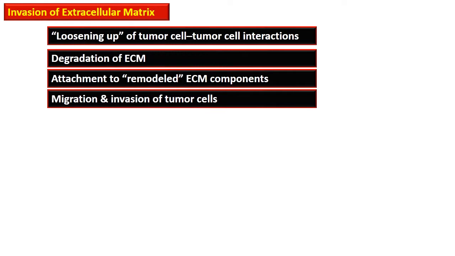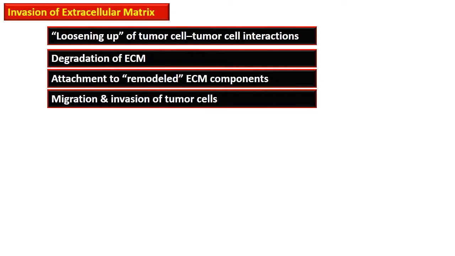Then the invasive tumor cell finds its way toward the blood vessel and extravasates into the blood vessel, acquires a clone of the cells over there, and then they go to the distant site and extravasate into the destination.